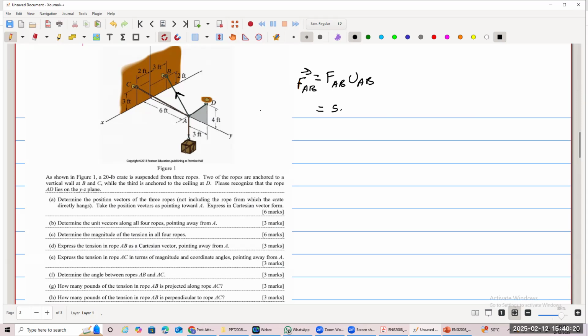What was the AB value? It was 5.283, right? Or we found it as 5.28. Yes, sir. So it's 5.28. What was the unit vector of AB?